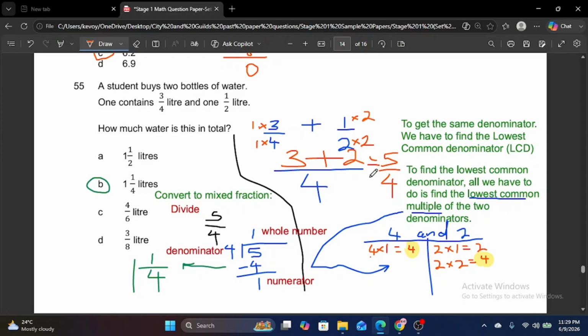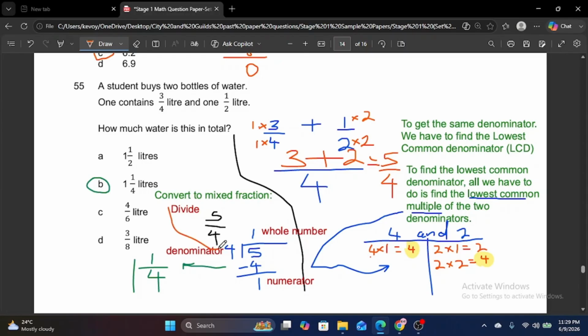But to ensure we have the correct answer, we're going to convert that improper fraction. We normally convert our improper fractions into mixed fractions. To convert to a mixed fraction, all we have to do is divide.